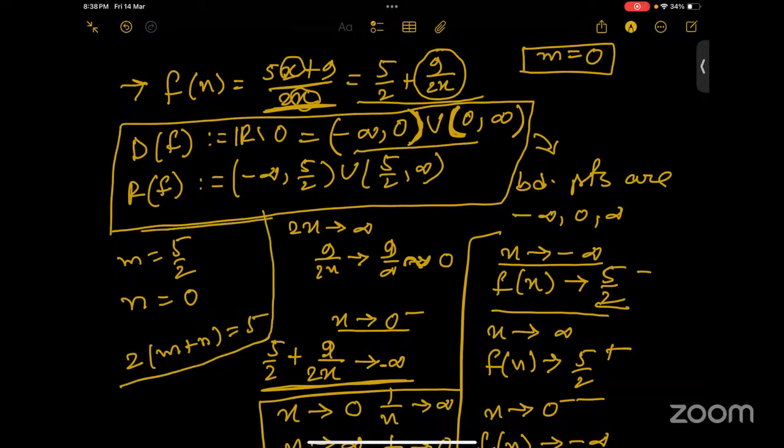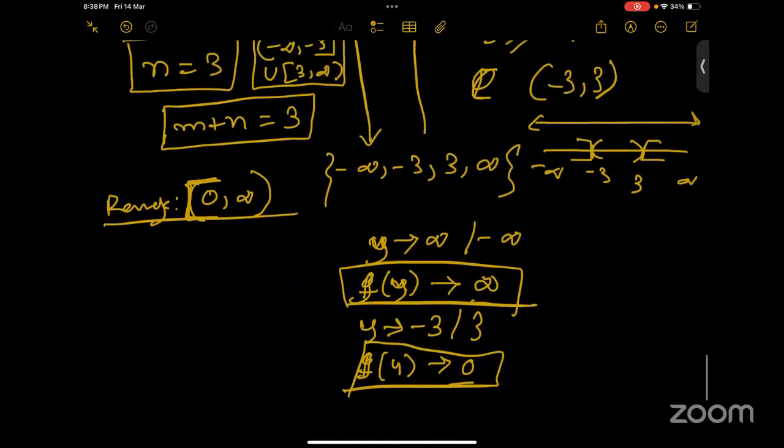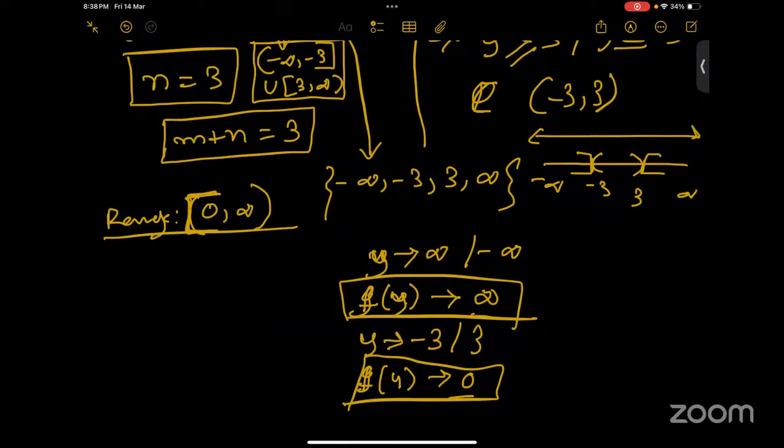Any doubt? Ma'am, one question I had. This limit you just explained a few minutes back about this closed 3. In our exclusion, we have R minus (minus 3, 3), right, ma'am?